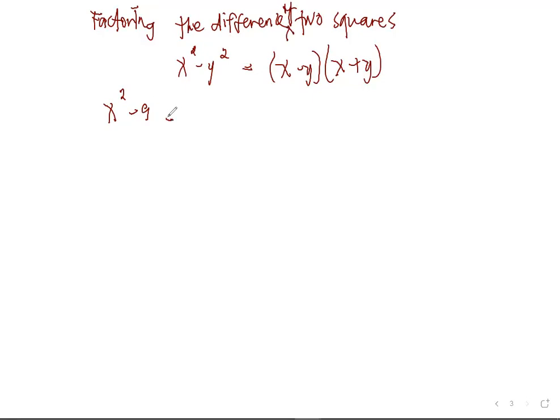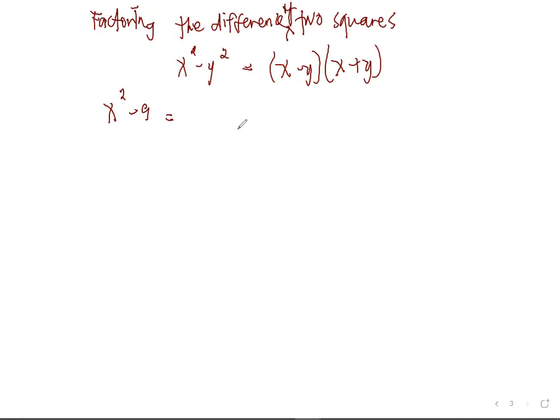You need to find the square root of the two terms for you to find the answer. So x squared minus 9. You're going to square root the two terms because they are both a perfect square. The square root of x squared is equal to x.